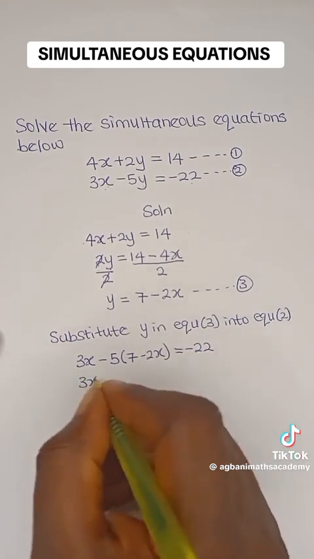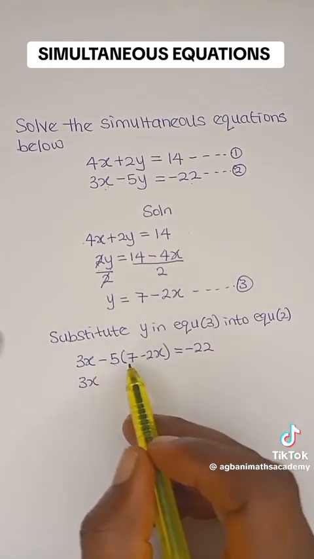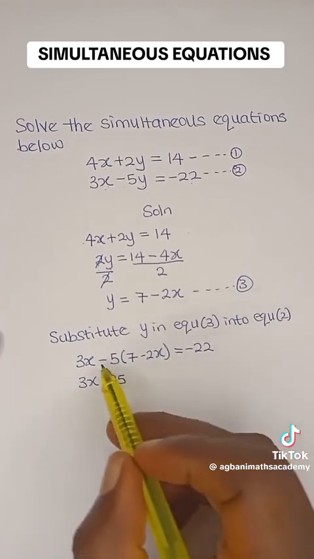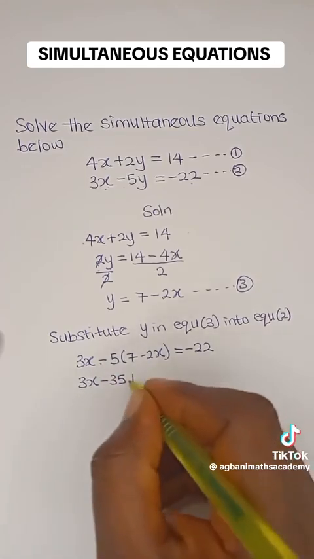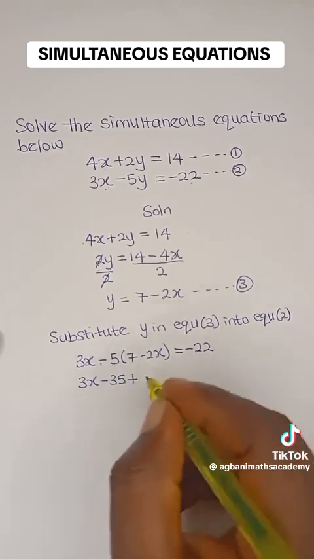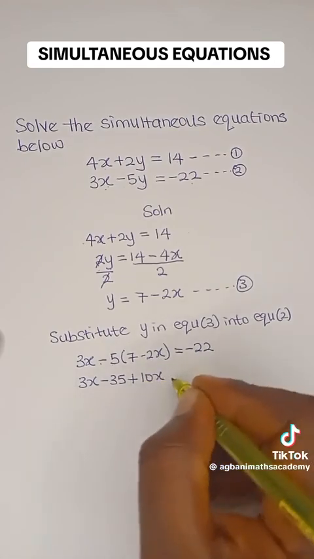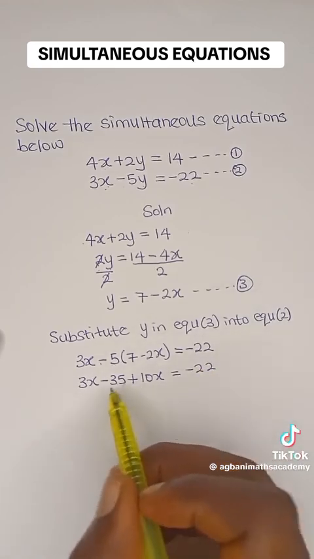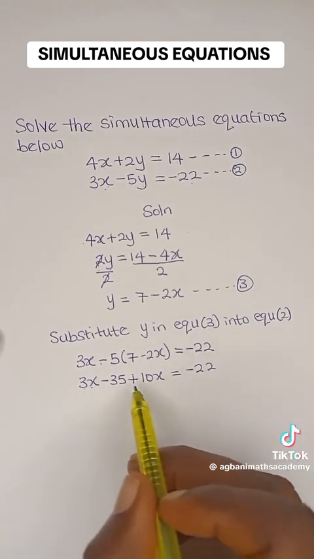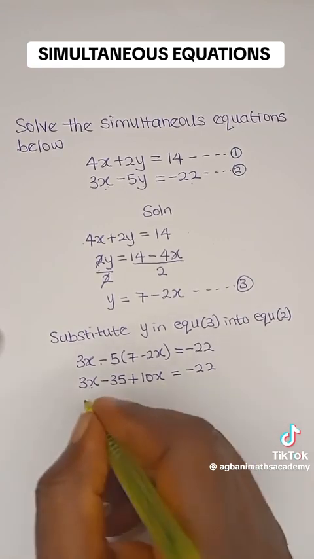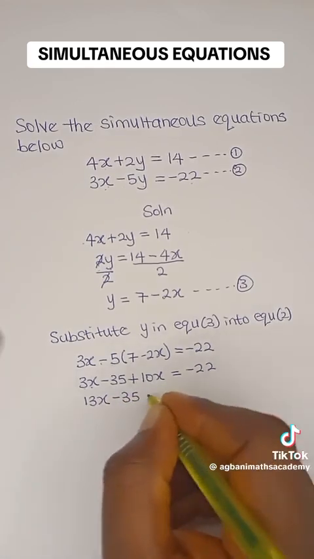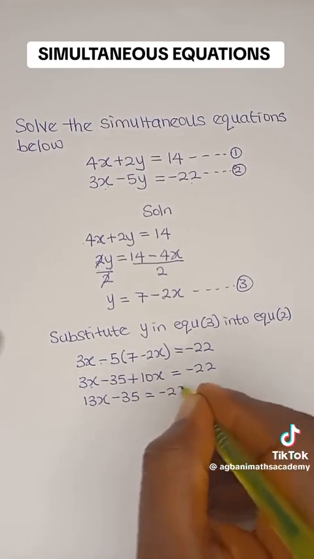So 3x minus 5 multiplied by 7 is going to give us minus 35. Minus multiplied by minus is going to give us plus. 5 multiplied by 2x is going to give us 10x, is equal to minus 22. Okay, let's bring like terms together. 3x plus 10x is going to give us 13x minus 35 is equal to minus 22.